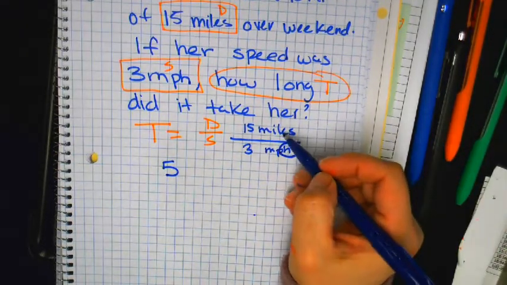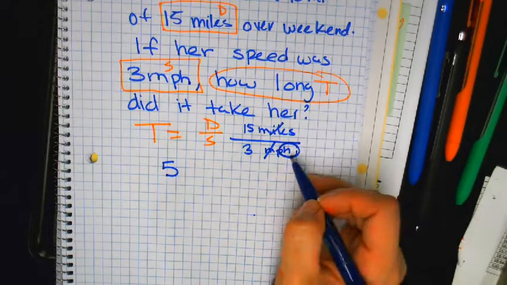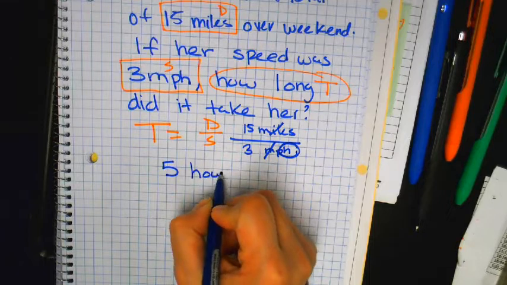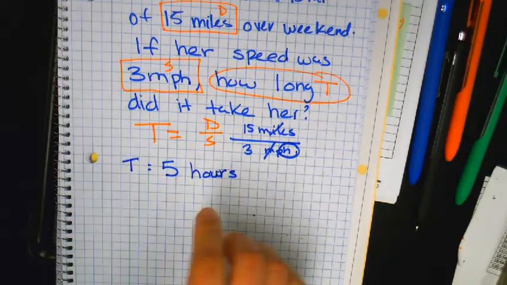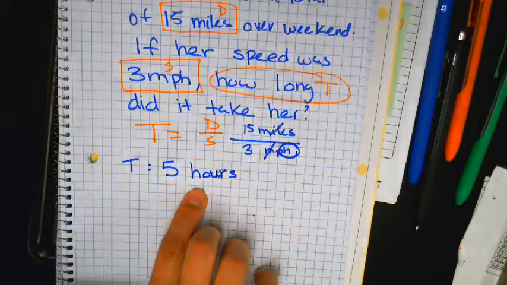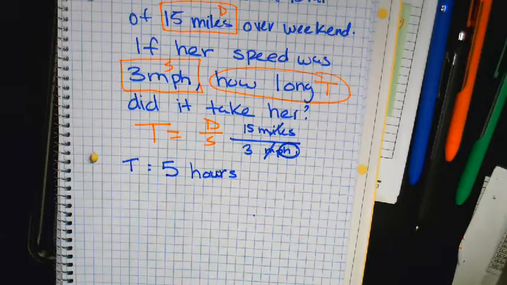So this miles and this miles get eliminated. They cross out. You're left with hours. So it took her 5 hours to travel 15 miles, because she was just at 3 miles per hour. She was not even breaking a sweat, just a slight little jog.